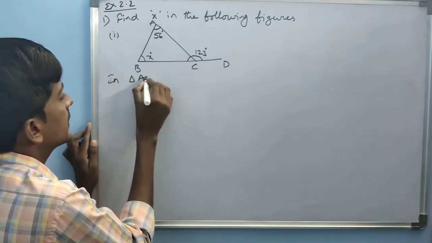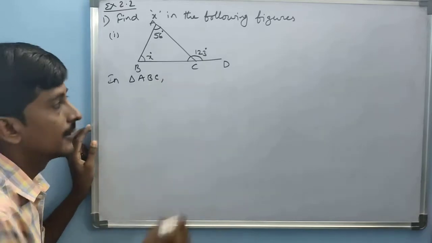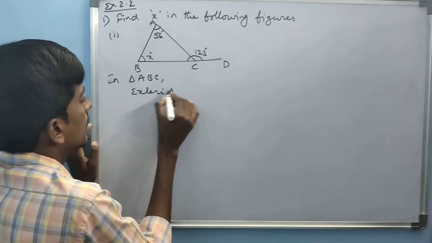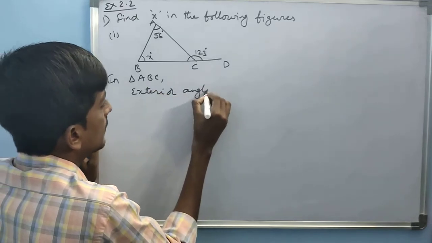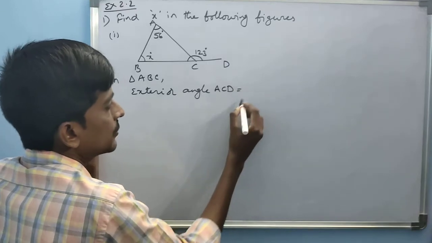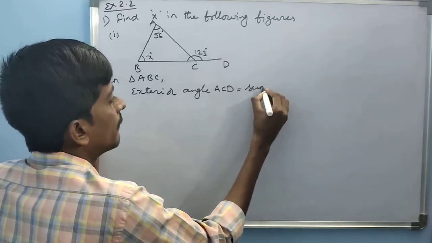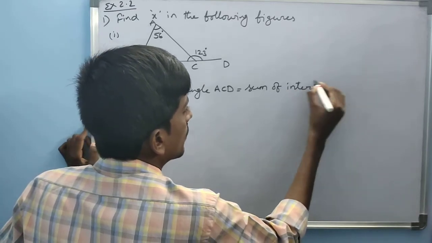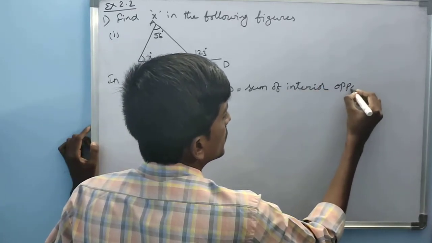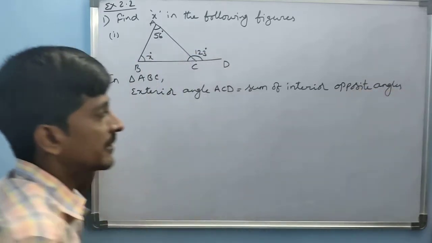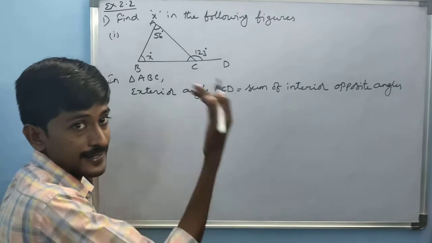In triangle ABC, the exterior angle ACD equals the sum of the interior opposite angles. This is the relation between interior angles and exterior angles.